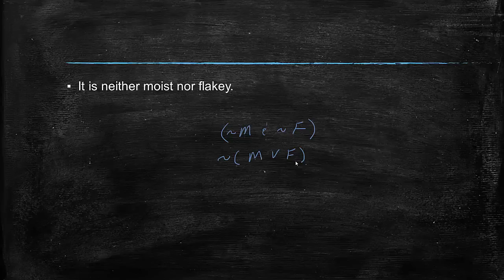You should also try to copy the way I'm talking right now because it's the way logicians talk when they're being very explicit. I'm saying it is not the case that it is moist or flaky, that is a very precise way of making this statement, because if you just say "it's not moist or flaky," we don't really know exactly what you're saying.